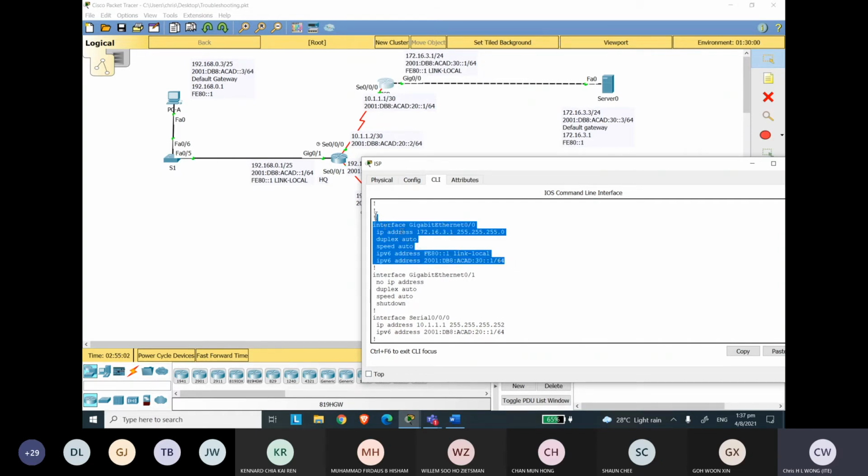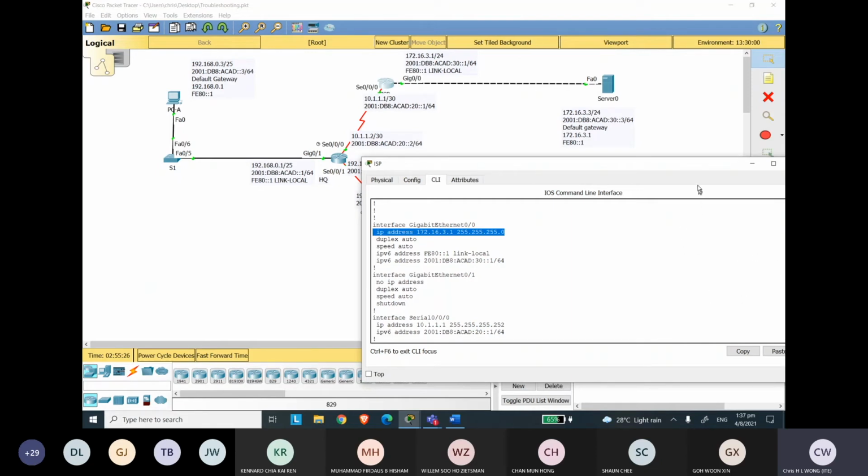Why is there no shutdown here? Because you typed the word no shutdown to open the port. The moment you type a no, that shutdown word is gone, so that the port is open. So you can copy the whole thing and put no in front, and the line will disappear. So good observation from Man Hong. Another shortcut way of doing it.